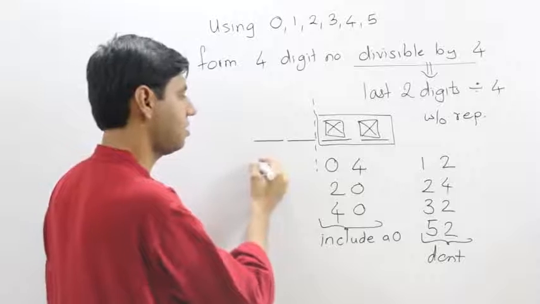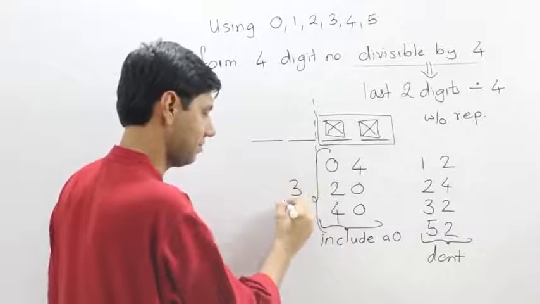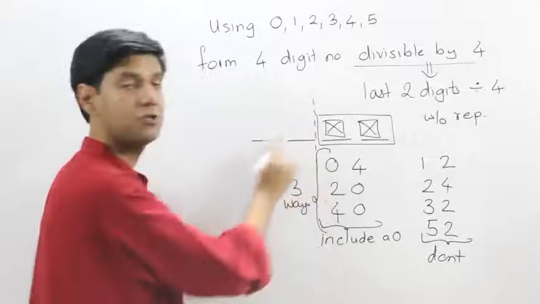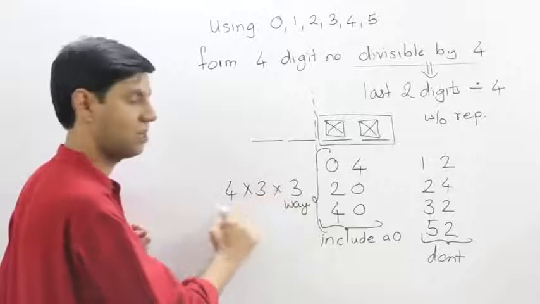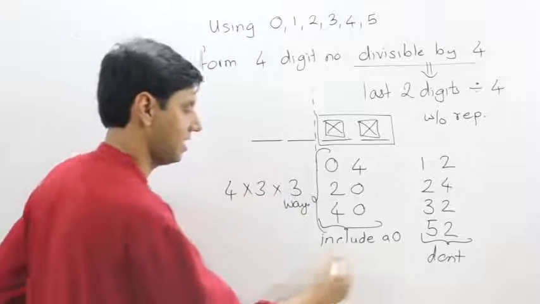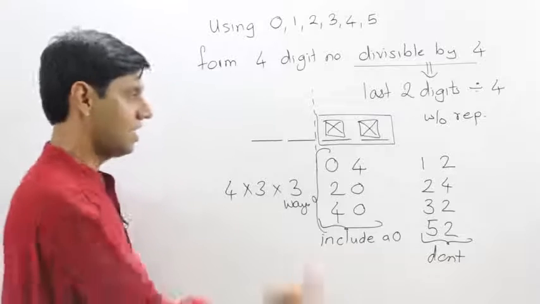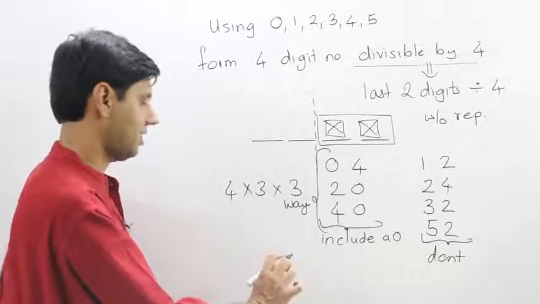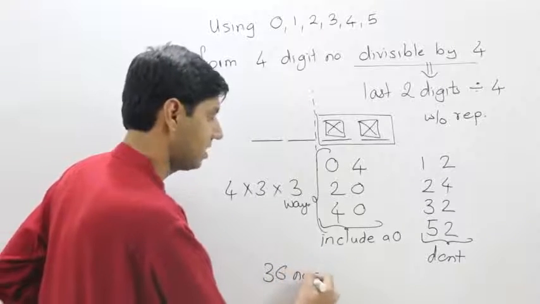So the other positions could be filled. So this is how many ways? This is just 3 ways. And the other positions could be filled in with 4 into 3 ways further. So 4 3s are 12, 12 3s are 36. There could be 36 such numbers. Let me put it down over here: 36 numbers which have a 0.